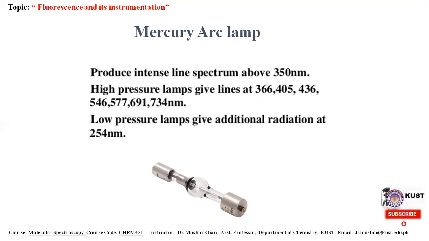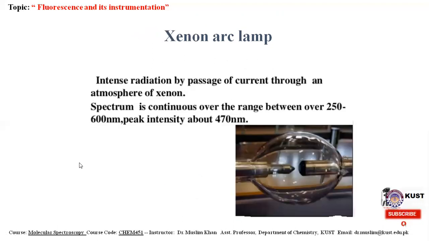This is a very high pressure lamp, giving lines at 366, 405, 436, 546, 577, 699, and 734 nanometer. Low pressure lamps even give additional radiation at 254 nanometer.